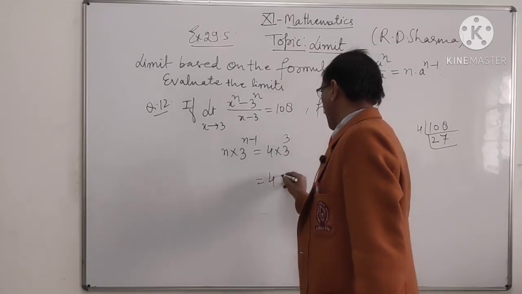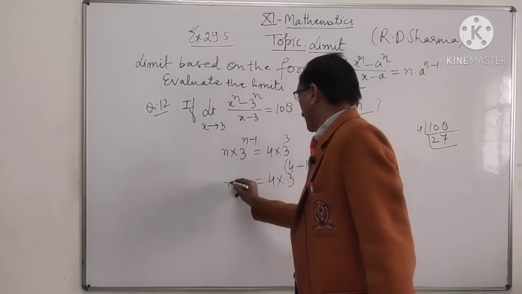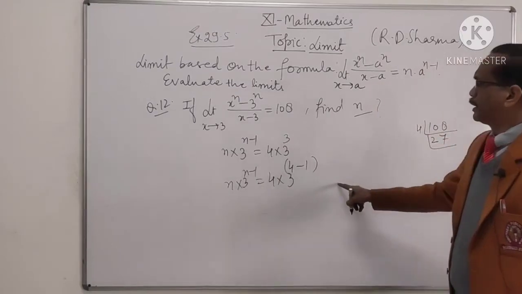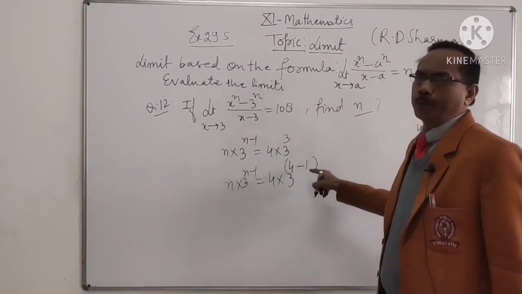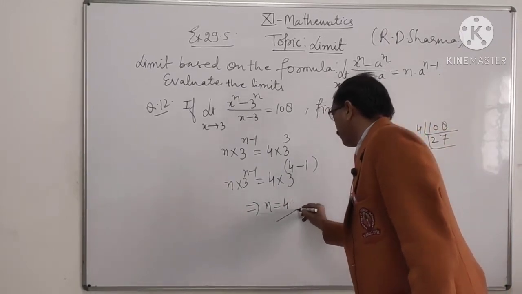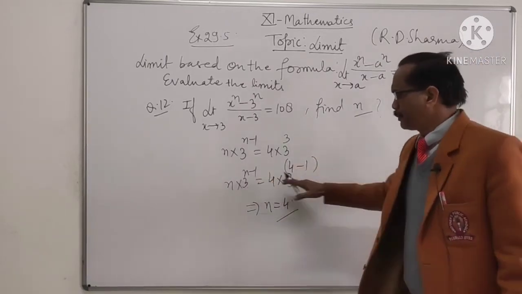This can be written as 4 into 3 power 4 minus 1. Compare it with n into 3 power n minus 1. So here n equal to 4, and this is also n minus 1, 4 minus 1. From this we will get the value of n, which is 4. According to the formula, just compare both the sides.